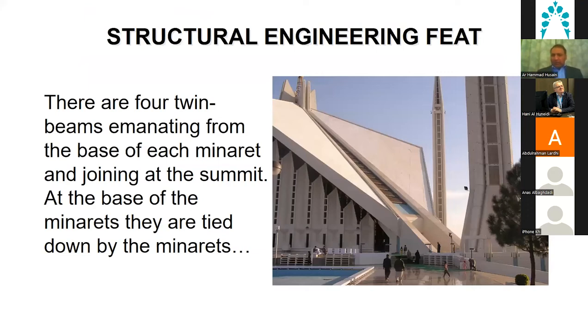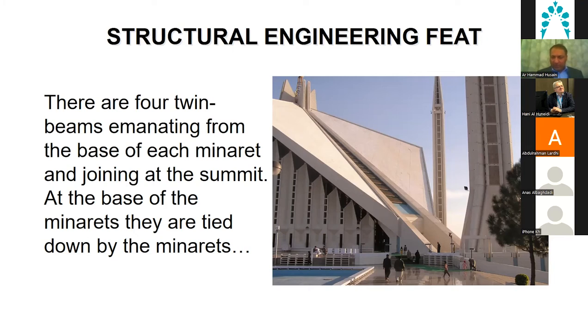Now, this was the concept. But at the same time, why this mosque is so special is because it is also a structural engineering feat, in my opinion, because the structure is so simple and so simplistic, yet so powerful. So what the architect did was, he says that there are 4 twin beams emanating from the base of each minaret and joining at the summit.